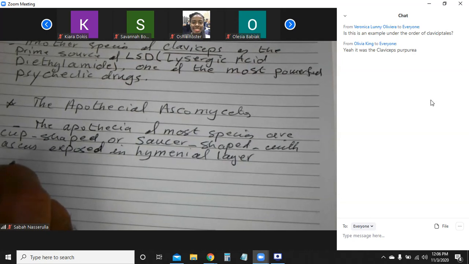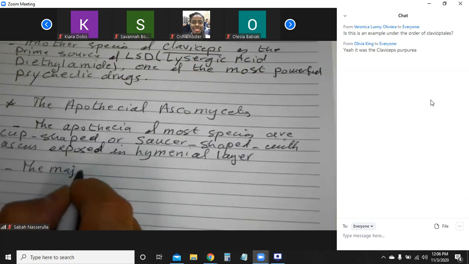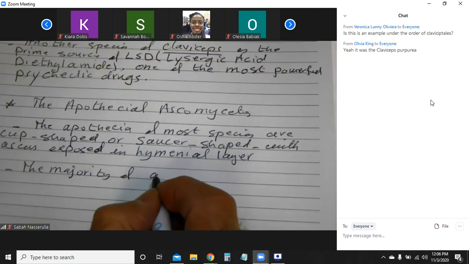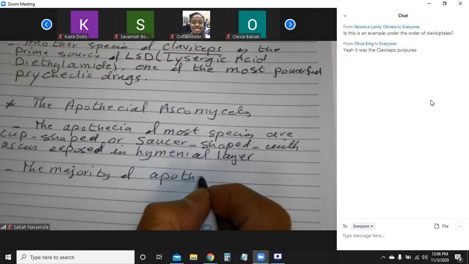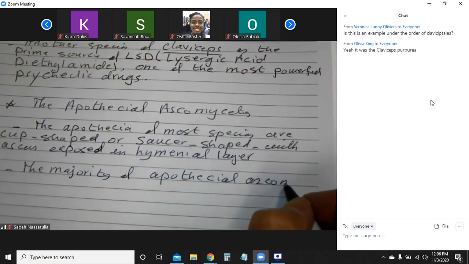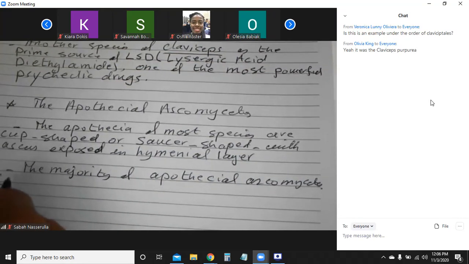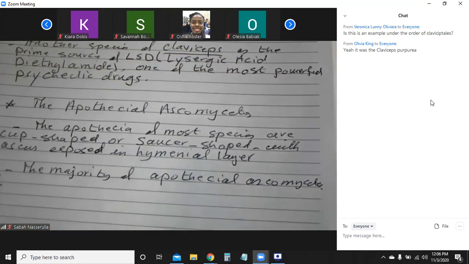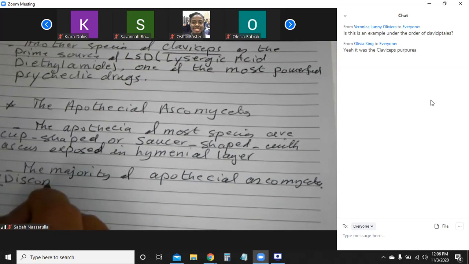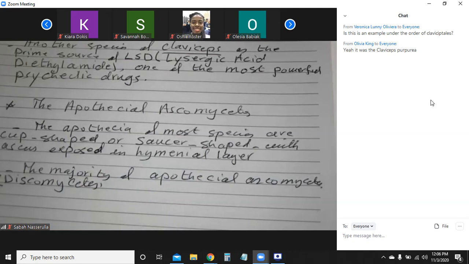To mention this point, the majority of apothecial ascomycetes, sometimes also called discomycetes because they form something like a disc, are saprobic. Known also as discomycetes, so that you know it just in case.